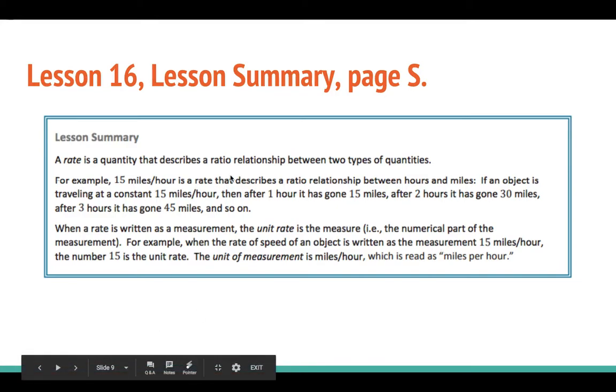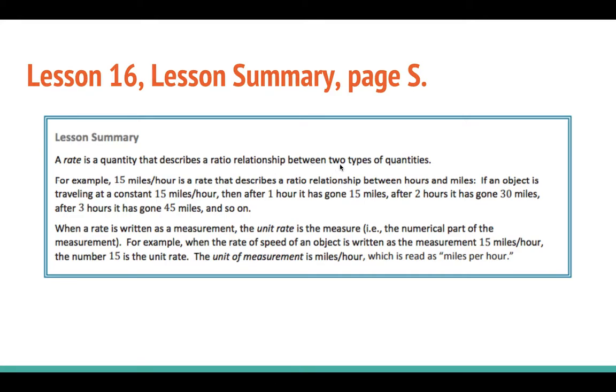All right, so just as a summary, the rate is a quantity that describes a ratio relationship between 2 types of quantities. Okay? For example, 15 miles per hour is a rate. Okay? That describes a ratio relationship between hours and miles. So we're skipping down here again. One thing that was really important, when a rate is written as a measurement, the unit rate is the measure.